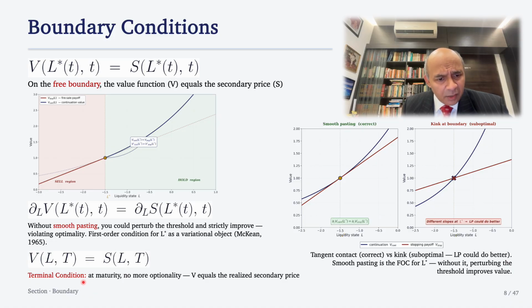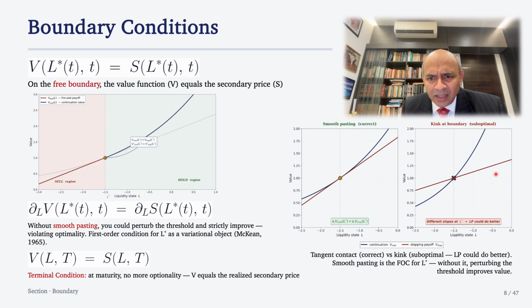The terminal condition is where at maturity you don't have any more optionality, and V equals the realized secondary price, S. On the right hand side, have a look at the smooth pasting condition at work, and you have a correct tangency over here.